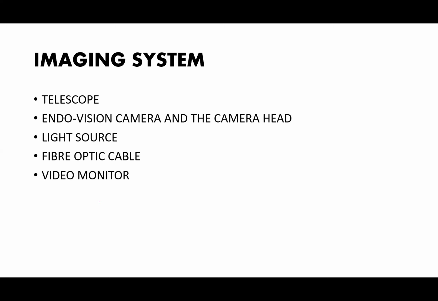Now, this imaging system consists of a telescope, endovision camera. This endovision camera is also called the image processing unit or video processing unit. Then the camera head, which is attached to the telescope.